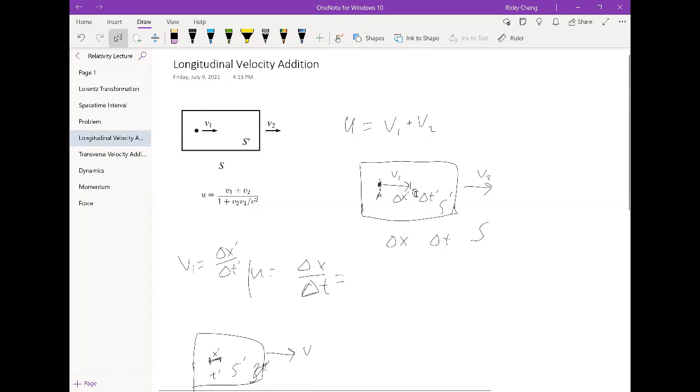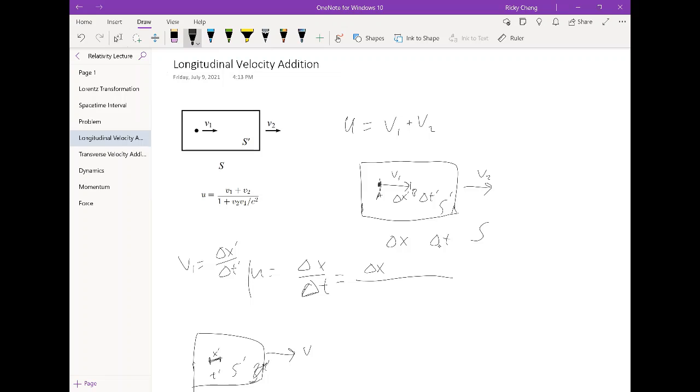Here the two events are this object going from point A to point B. The distance between these two events is delta x prime and delta t prime as measured in frame S prime, and delta x and delta t as measured in frame S. So we can transform delta x prime and delta t prime into delta x and delta t.